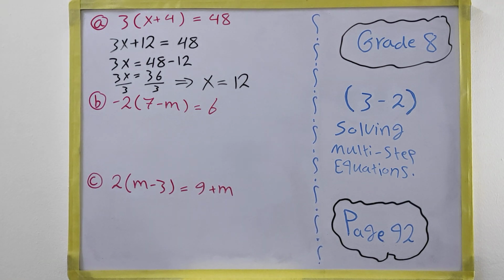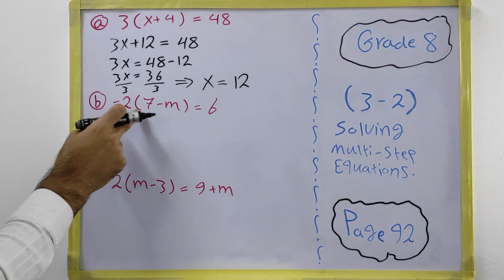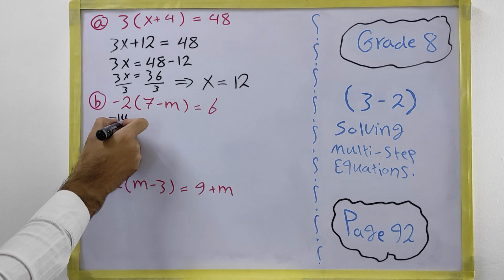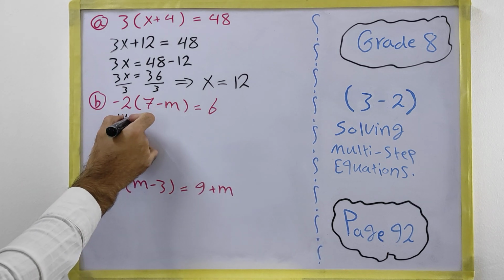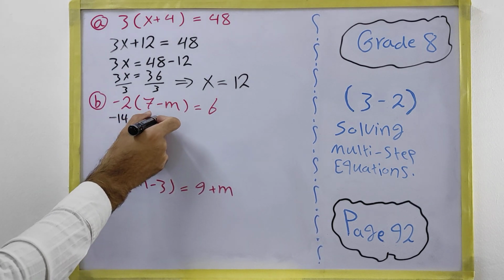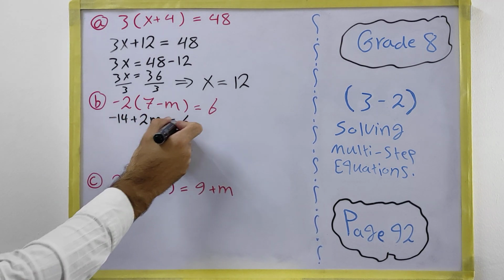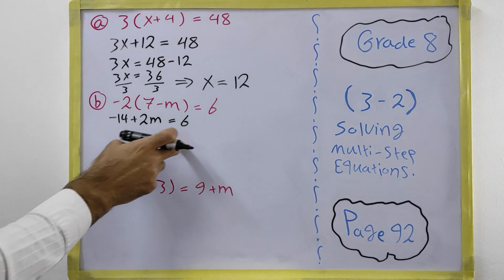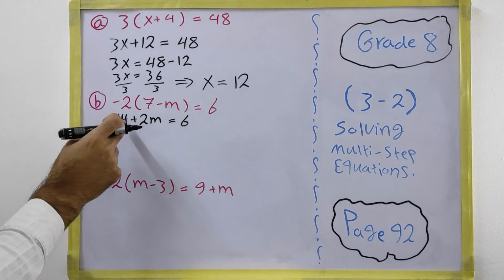For the other one, we use the same way. We have negative 2 multiplied by this bracket equals 6. Negative 2 multiplied by 7 is negative 14, and negative 2 multiplied by negative m plus 2m equals 6. Now we can bring negative 14 to the other side, because we just want the 2m here and the numbers on the other side.